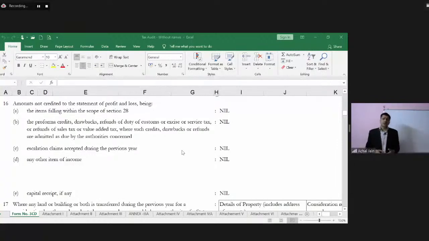Now moving further on to the next clause, clause number 16.